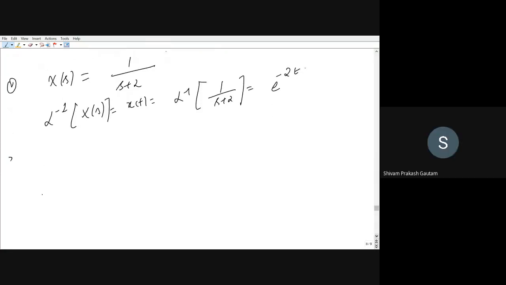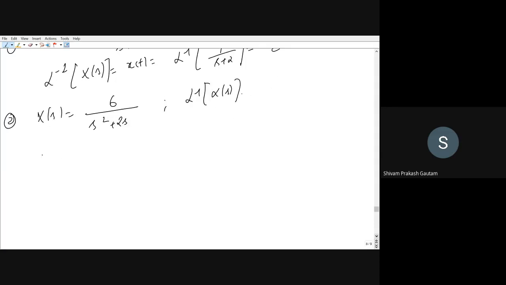So slowly we will go to the next example. That is X of s is equal to 6 upon s square plus 2s. So we have to take the inverse Laplace transform of this, right? So how to proceed? Let us again write X of s is equal to 6 upon s square plus 2s. First thing, I have talked about the common signals.